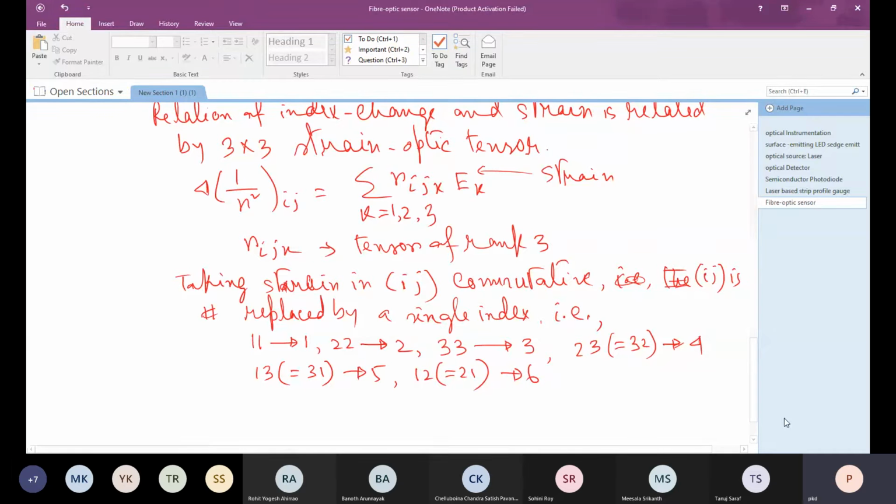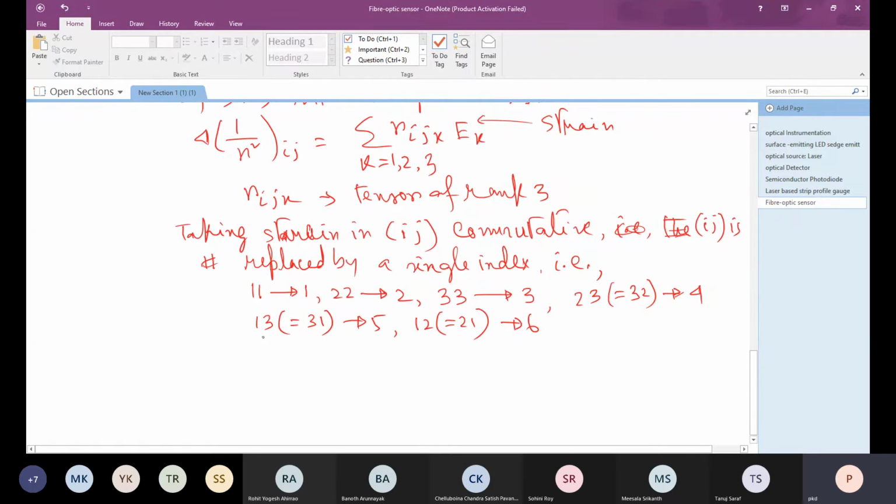So then we have delta 1 by n square i, i equal to 1 to 6, Pij and Ej.